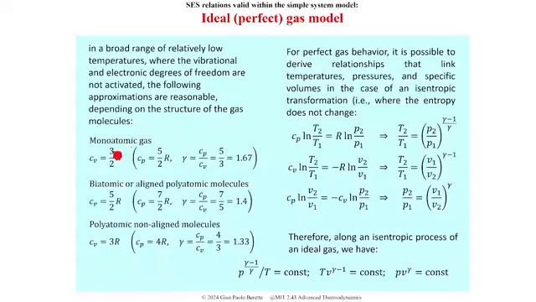So the specific heat contributed by those degrees of freedom is just 3/2 of R. And then if this is Cv, then Cp is Cv plus R, so the 3/2 becomes 5/2. Gamma, the famous ratio of specific heats, is therefore 5/3, which is 1.67.